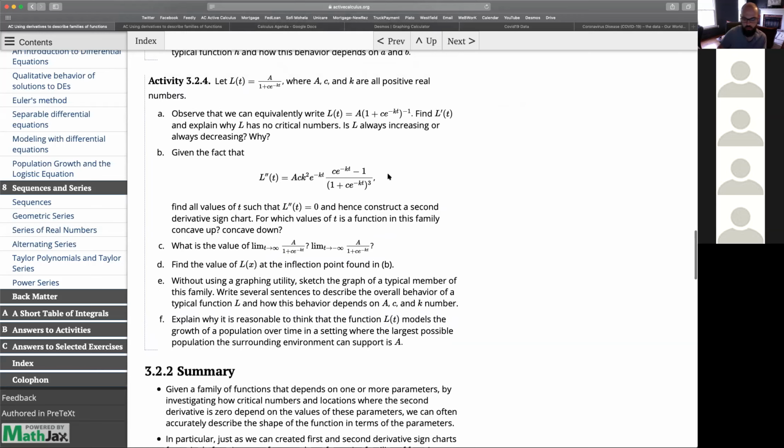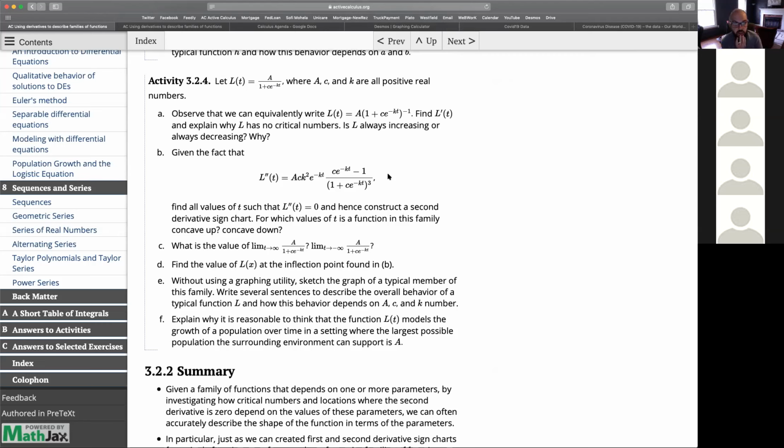So for part a, we're going to look at this function and write it as they suggest here: L of t is equal to a times 1 plus c e to the minus kt, to the negative 1 power.